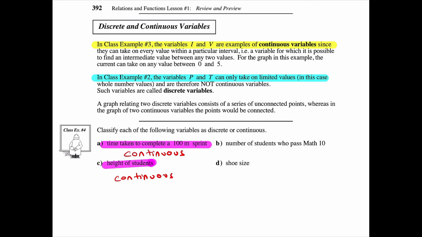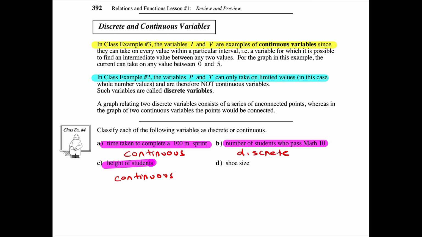The number of students who pass math. Well, again, this one would be discrete because I can't say that 7.2 students passed math. Either 7 or 8 of them are going to pass. That makes sense. The shoe size.